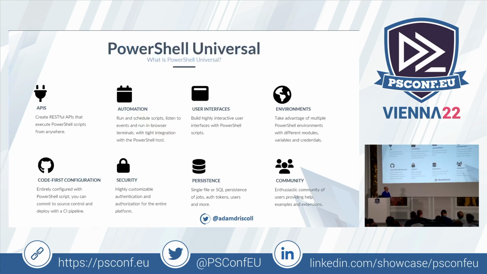So what is PowerShell Universal? This is what we're going to be talking about today, primarily. And this is kind of how it stood in V2, and some of these things are now new in our V3 version. Primarily, there are three feature groups, which are APIs, automation, and user interfaces. APIs are for creating REST APIs, similar to things like Polaris or Pode. You can create REST APIs and execute PowerShell scripts.